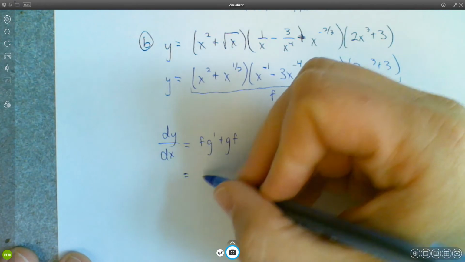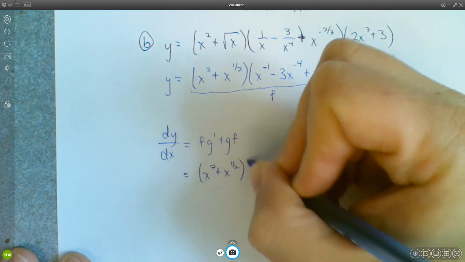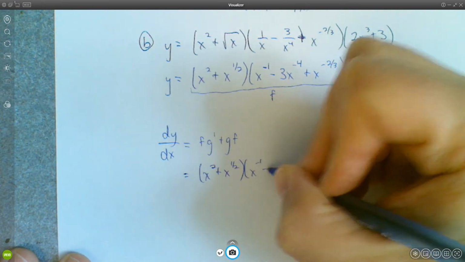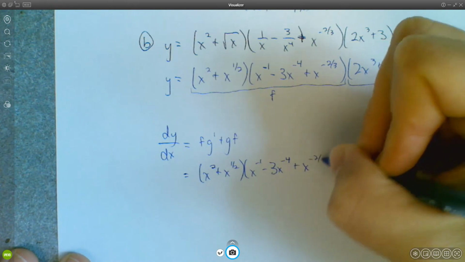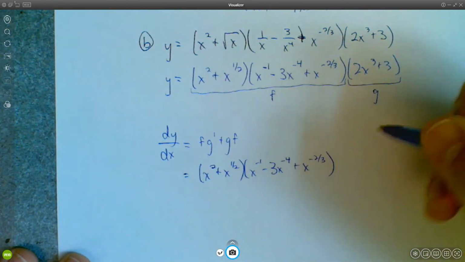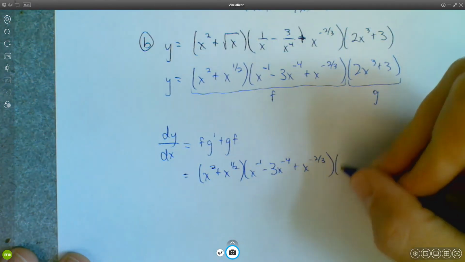So it's going to be f times g prime. G prime, let's see, that would be 3 times 2 is 6, so 6x squared.